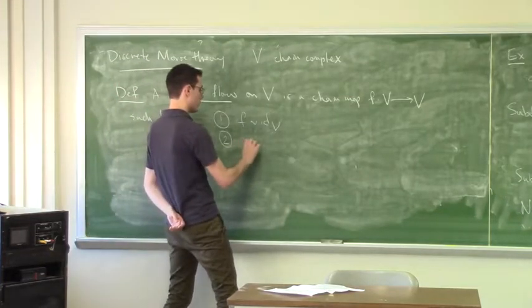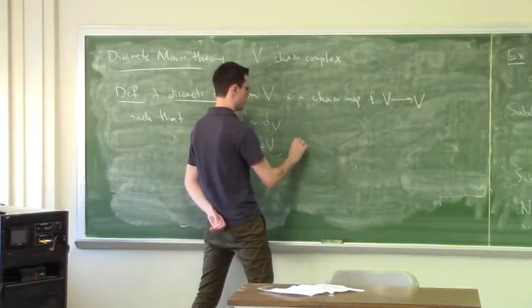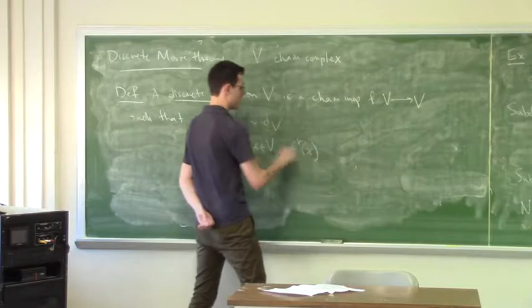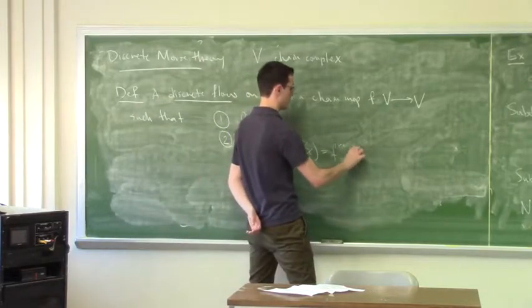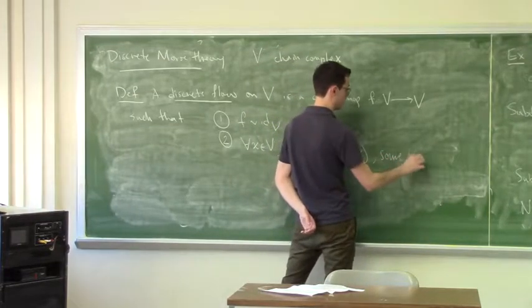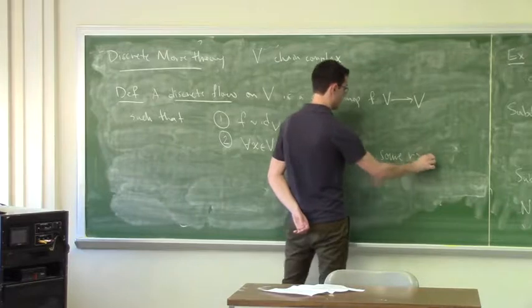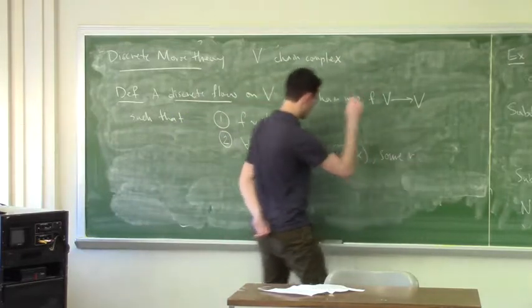So for all X in V, if I iterate F enough times on X, then eventually I stop getting new things. Okay.